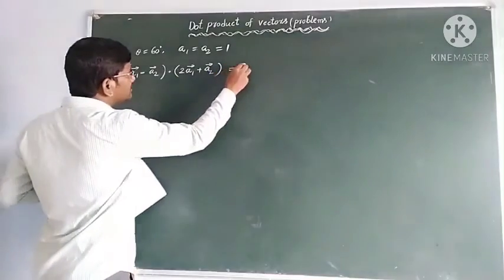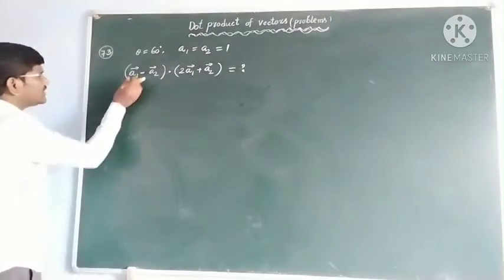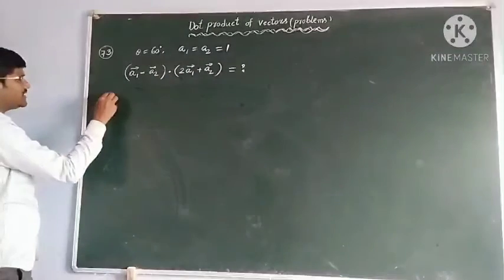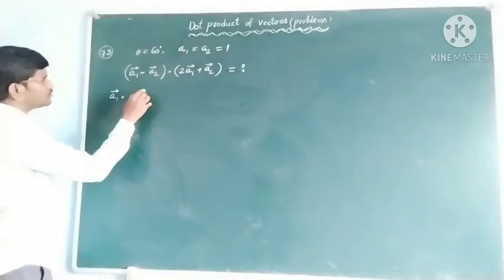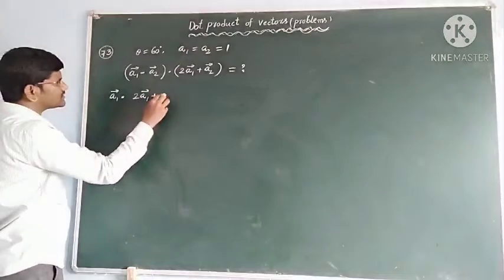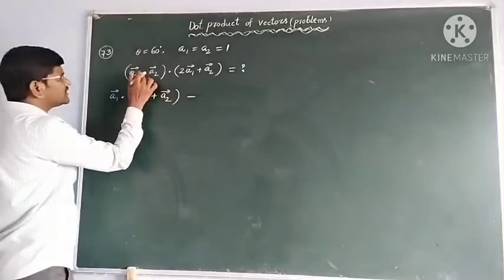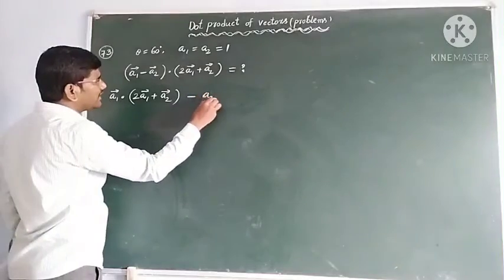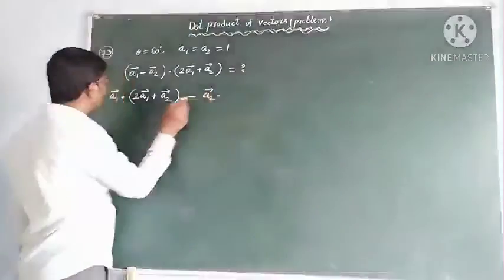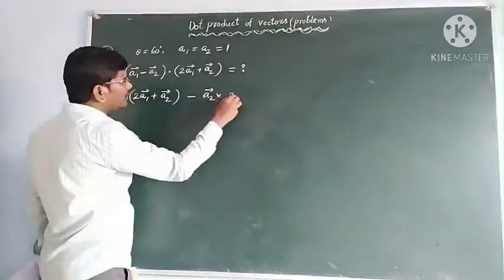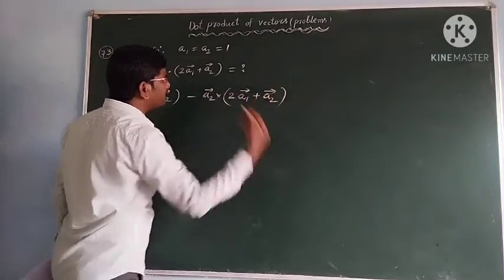This value we are going to find. With A1 you multiply this entire expression, that is A1 bar dot 2 A1 bar plus A2 bar, and minus A2 into 2 A1 plus A2. So then check it, students.